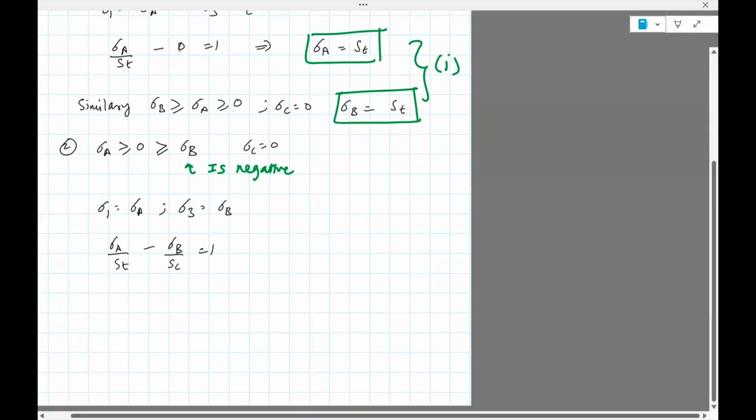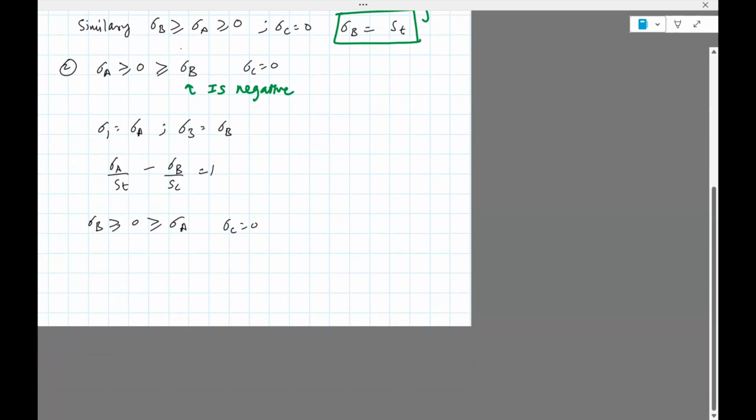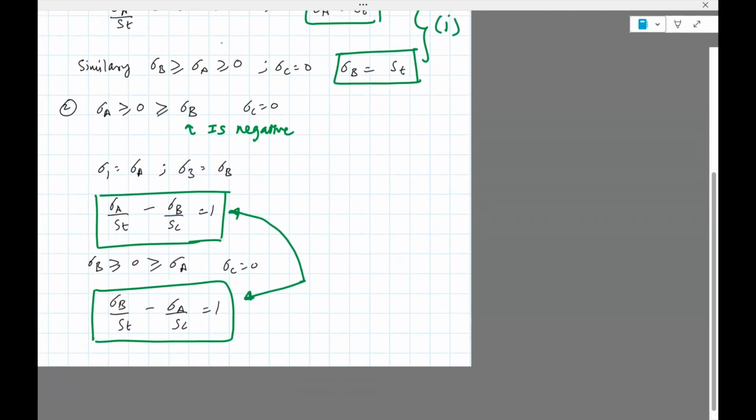Similar to this condition, we could also write sigma B greater than 0 greater than sigma A, and of course, sigma C is 0, in which case we will get an equation which will look like this: sigma B divided by ST minus sigma A divided by SC equals 1. Just reversing the logic, because you could also have that case. So here is 1, here's the second one. Both of these, let's call that number 2.